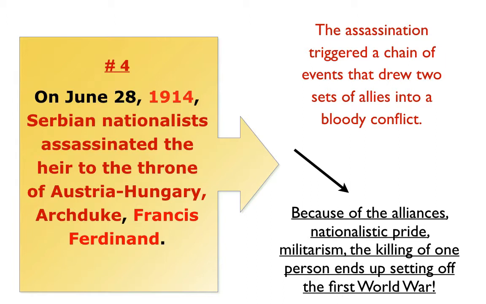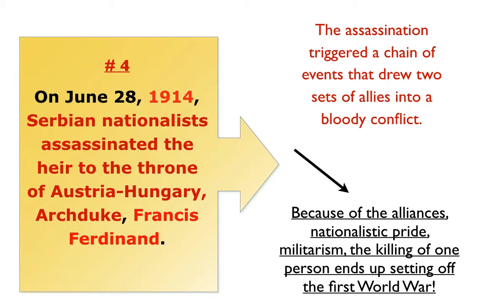This guy, Franz Ferdinand or Francis Ferdinand, however you want to translate it, was the prince of the Austro-Hungarian Empire, which had been in power under the Habsburgs since basically the late Middle Ages and early Renaissance. The Austro-Hungarian Empire was a huge and important empire in Europe.